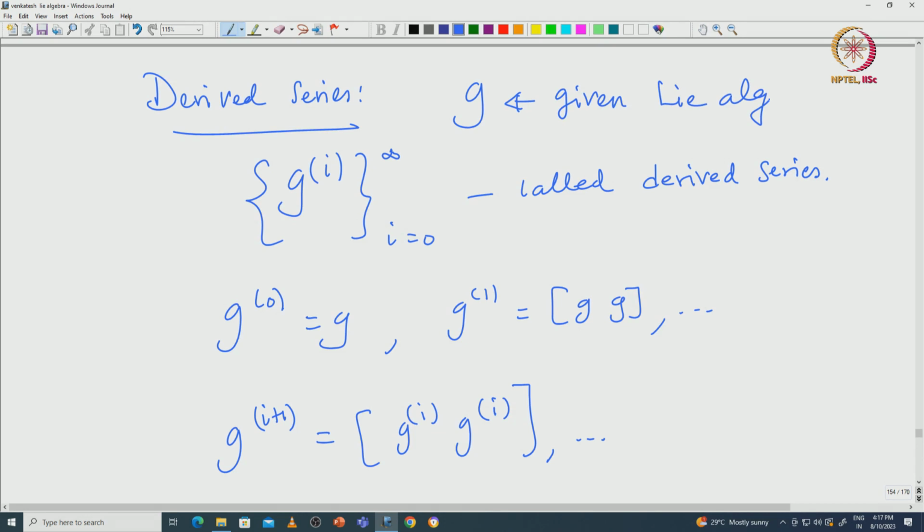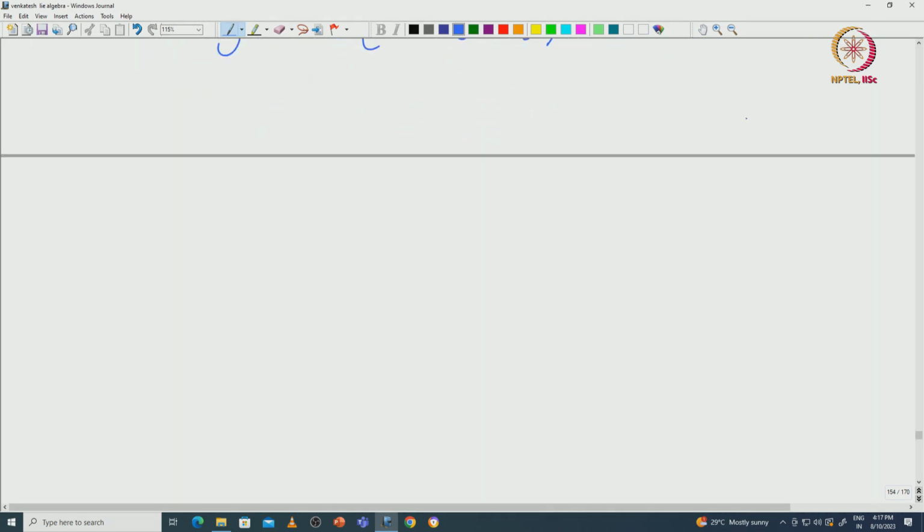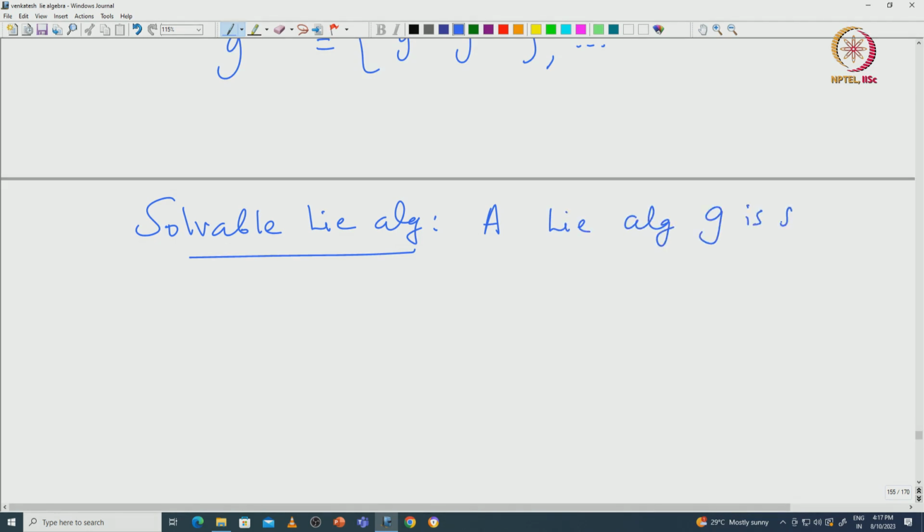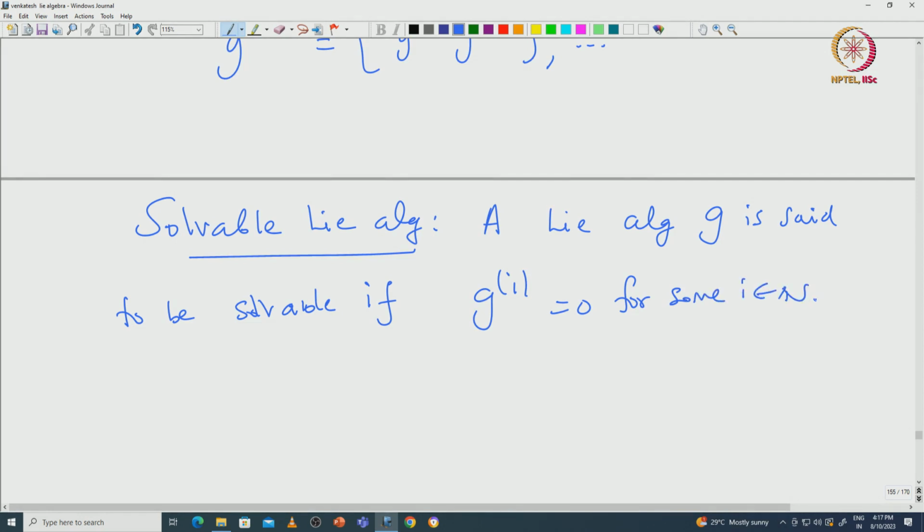Now, what is solvable Lie algebra? A Lie algebra g is said to be solvable if g power I is 0 for some I in n.